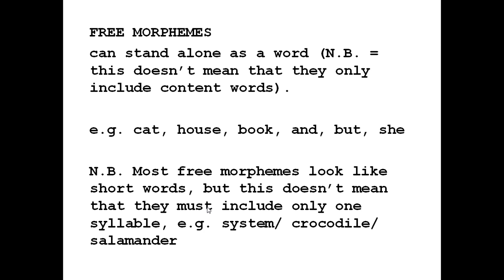So what happens here is that you have system, crocodile, salamander. These are all multiple syllable words, but they include just one morpheme. Okay? So morpheme and syllable are not the same thing. There are morphemes that include more than one syllable.